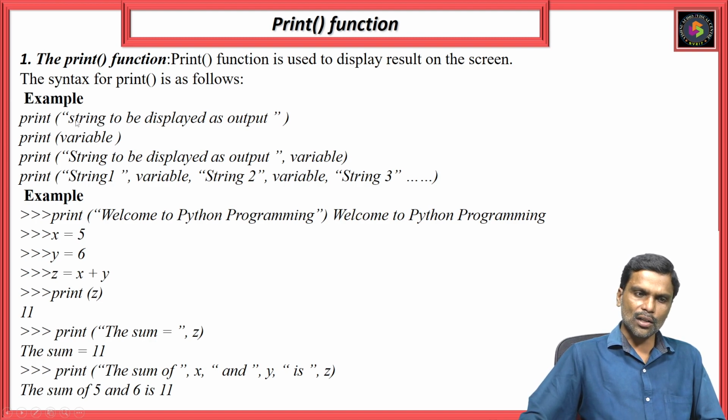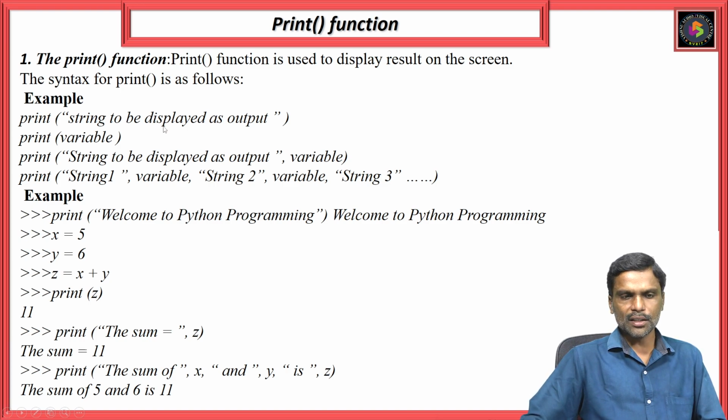Not only double quotes, you can also write it in single quotes. We discussed this in the introduction topic. A single line string can be written with single inverted quotes or double inverted quotes. If it is more than one line, we can write it with triple inverted quotes.